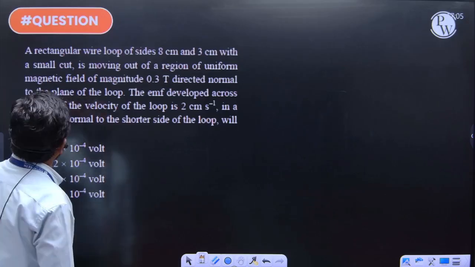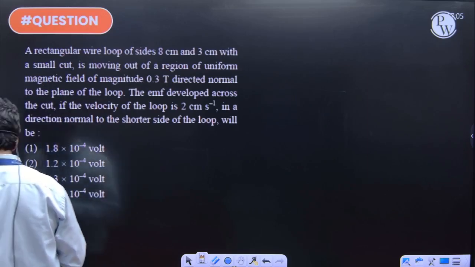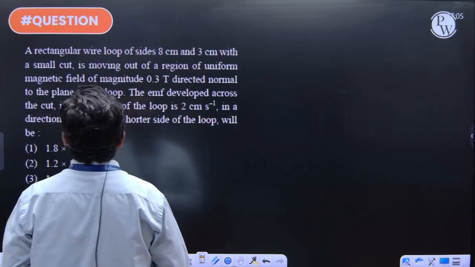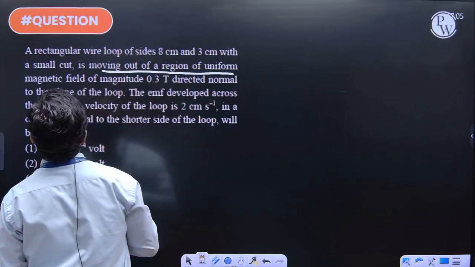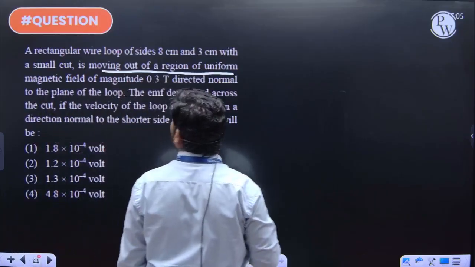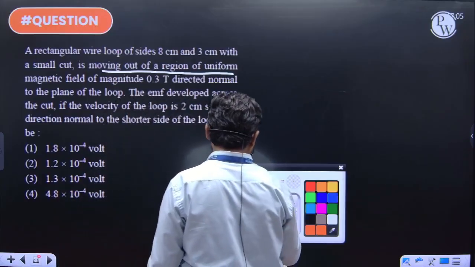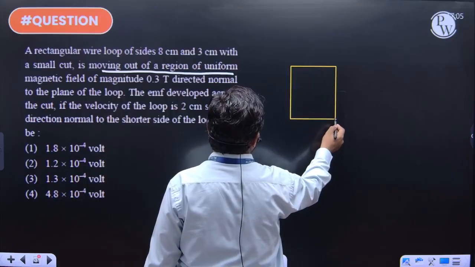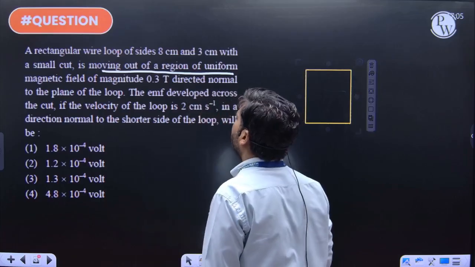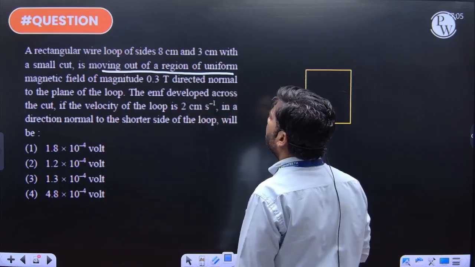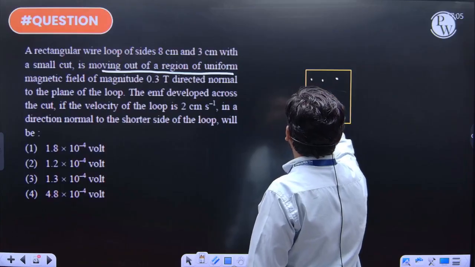Let's see. A rectangular wire loop of side 8 centimeter and 3 centimeter with a small cut is moving out of a region of uniform magnetic field of magnitude 0.3 Tesla, directed normal to the plane of the loop.